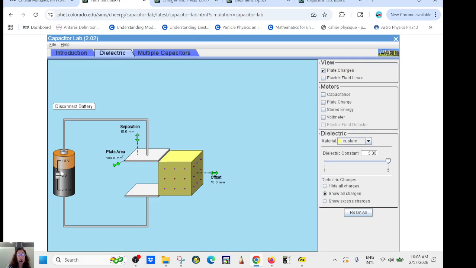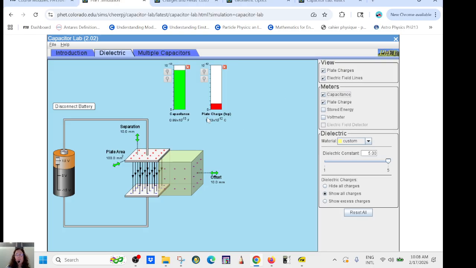I have a capacitor here. I'm going to charge my capacitor. I have some charges here, I have my electric field. I have my capacitance, which is the charge per unit volt. I have the stored energy. The voltmeter I don't need. It will be whatever voltage that is.